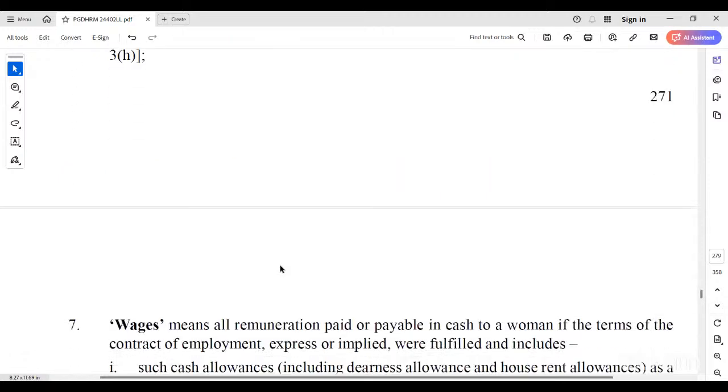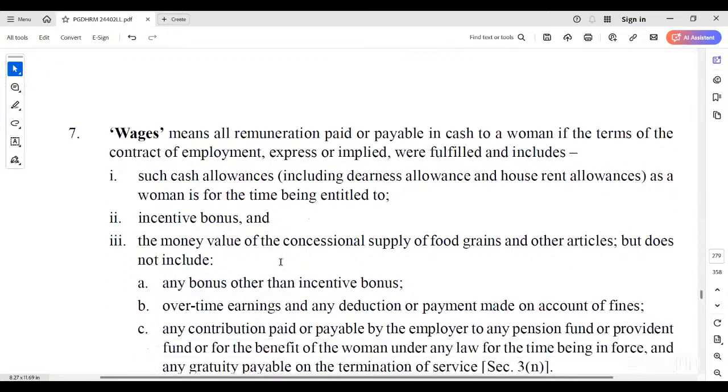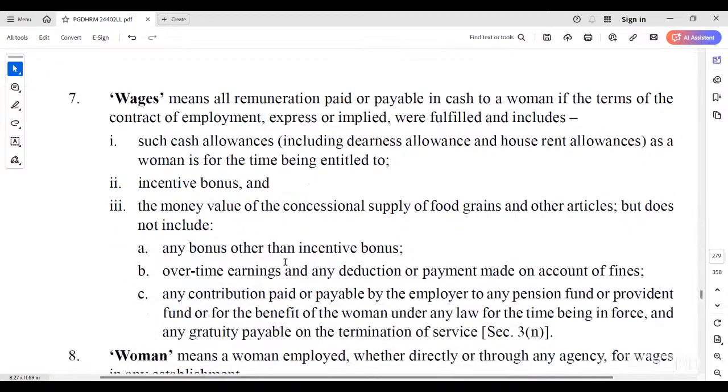Wages means all remuneration paid or payable in cash to a woman, in terms of the contract of employment, express or implied, and includes all this.